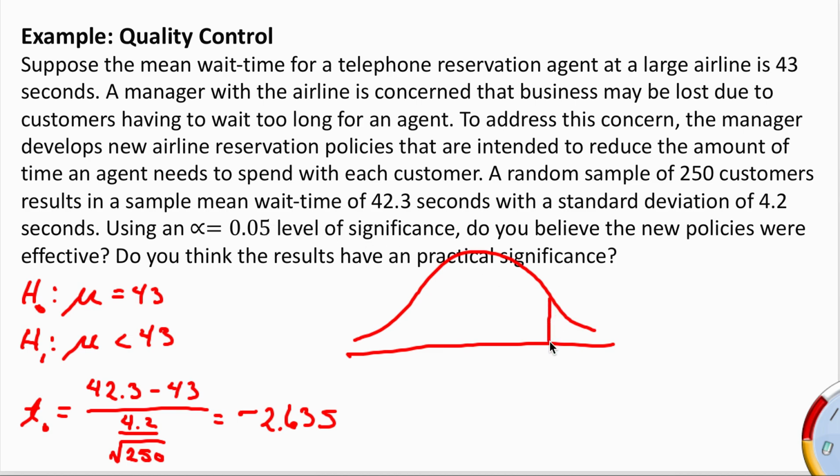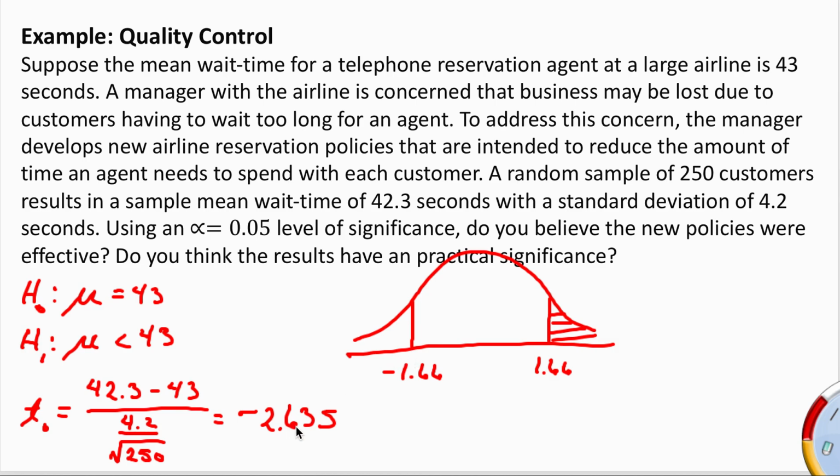The student's t gives us this critical region, but we're at a less than, so what we're interested in is this. Because it's symmetric, I know this is negative 1.66.